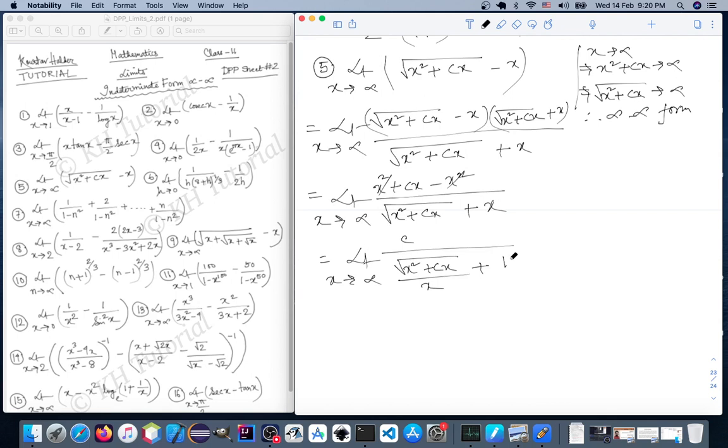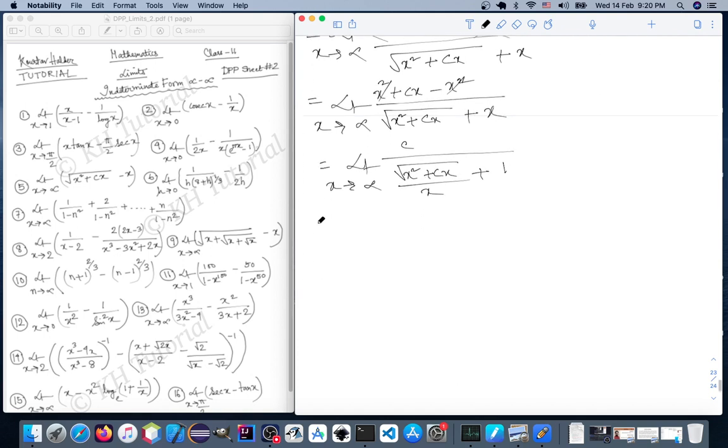Okay, x tends to infinity. Now we further simplify it. We bring this x inside the square root, and so it will get inside as x square.